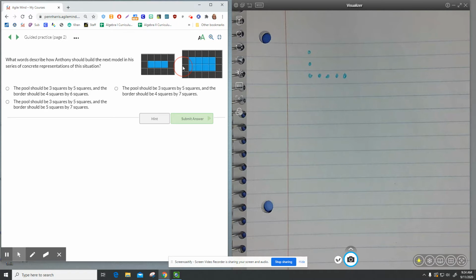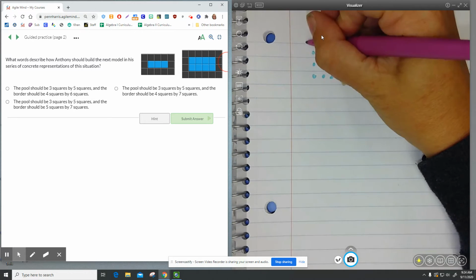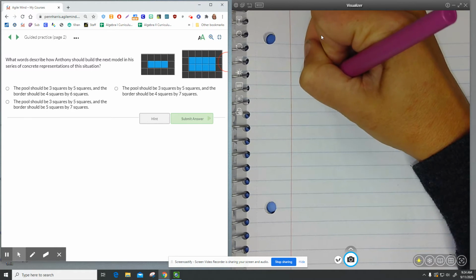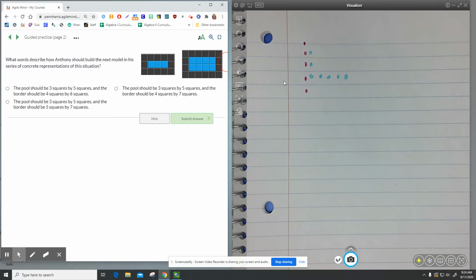And if we look at the borders, if it's 1 block tall, he's got 3 tiles. If it's 2 blocks long, he's got 4 tiles. So if I've got 3 blocks, that means we're going to have 5 tiles.